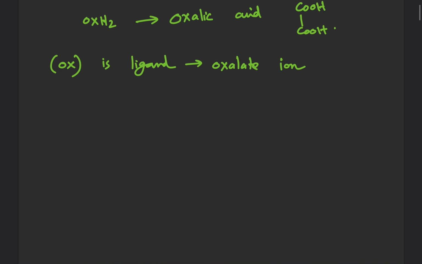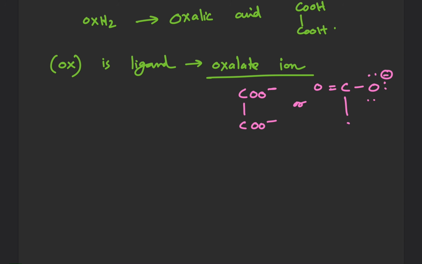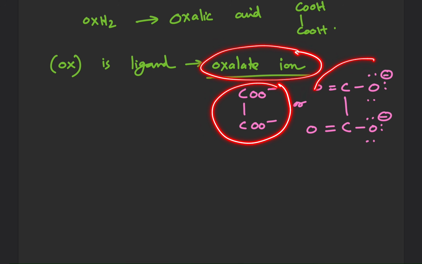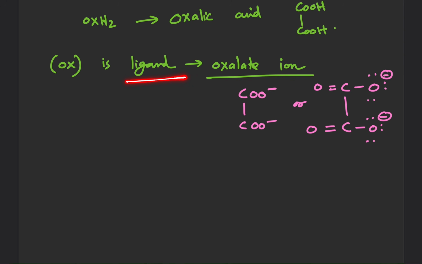You can also write the oxalate ion as COO- connected to another COO-, or in detail, C double bond O, single bond O with 6 electrons and a negative charge, and the carbon connected to one more carbon the same way. So our oxalate ion is this, where you can see all the bonds.